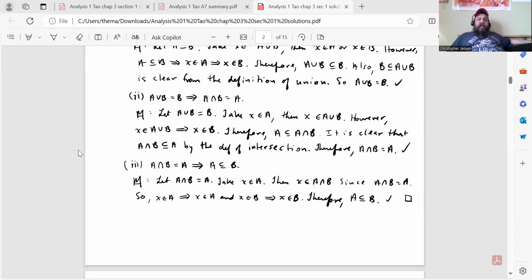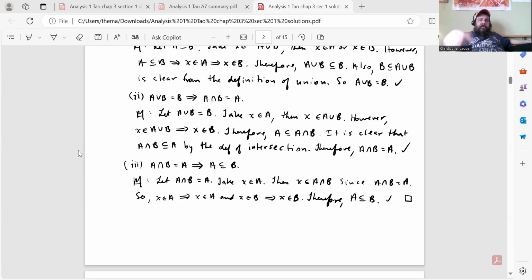So we assumed that A union B was equal to B, so since X is in the union and the union is equal to B, X has to be an element of B. Therefore, A is a subset of A intersect B by definition of intersection. It's clear that A intersect B is a subset of A by the definition of intersection. Therefore, A intersect B equals A. That proves that implication.